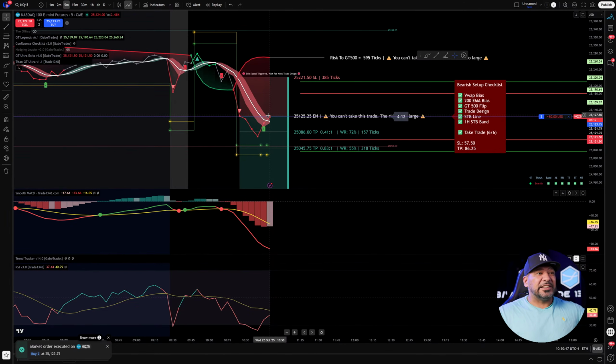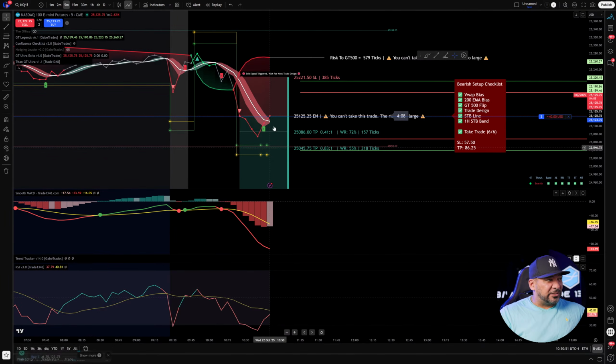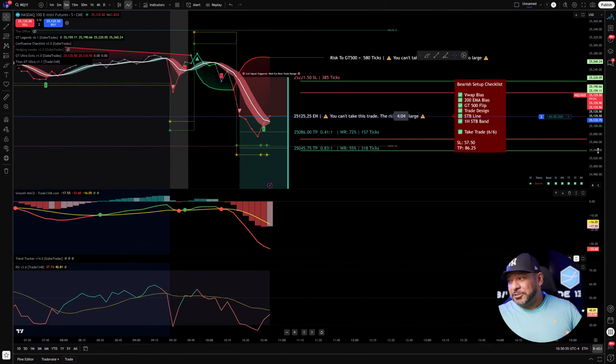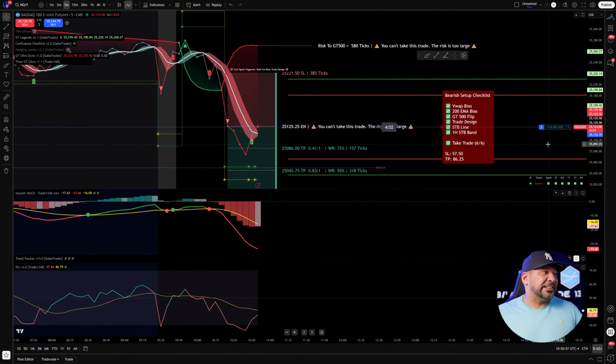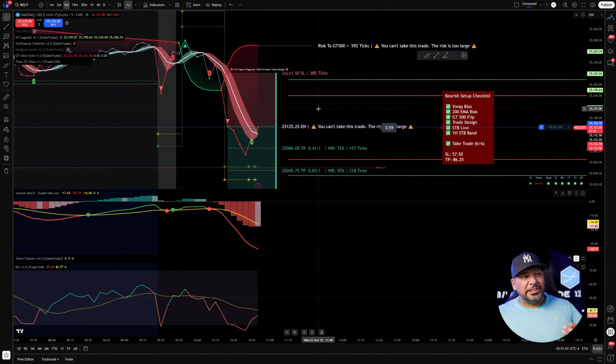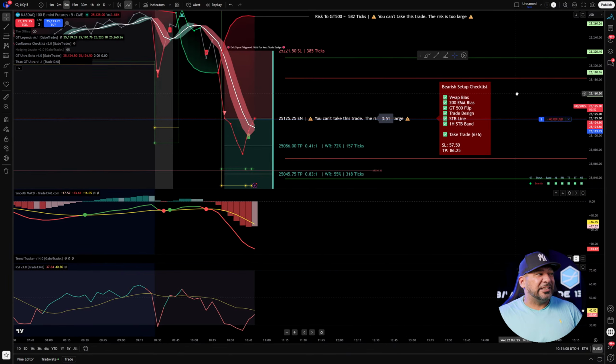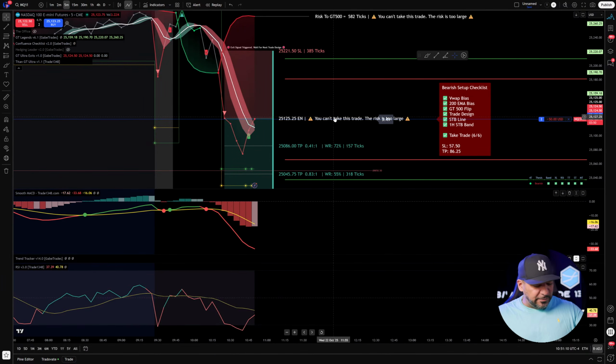Even though I don't have a trade design, I'm just going to go the other way because this is what we talked about, and we got an X here. So I'm not saying for you guys to do this. What I'm saying is it just makes all the sense in the world within the system. So you could wait for the next trade, or you could take your shot here. Let me explain why I'm taking my shot right here.